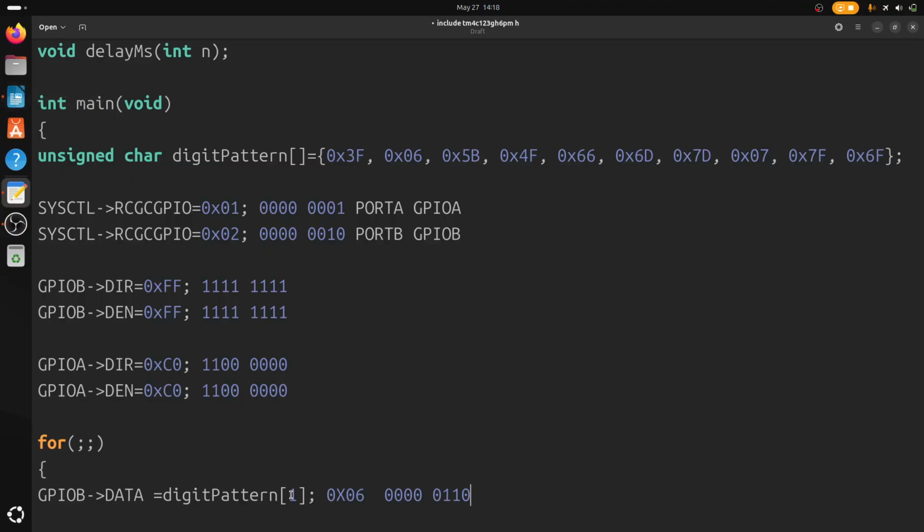The digit 1 is not coming from this. This one is just the array index number. The array index number is 0, 1, 2, 3 like that.